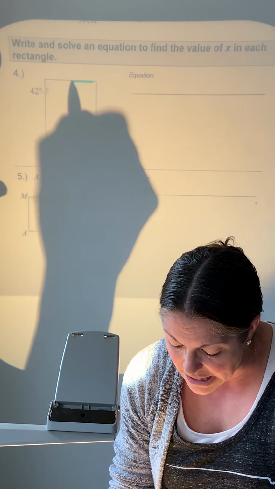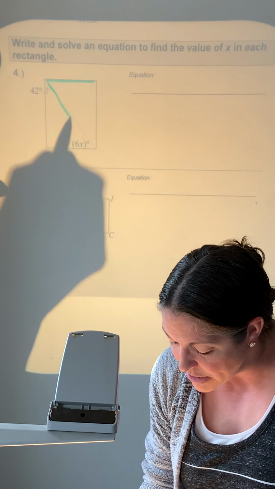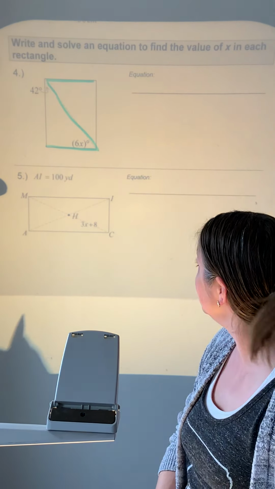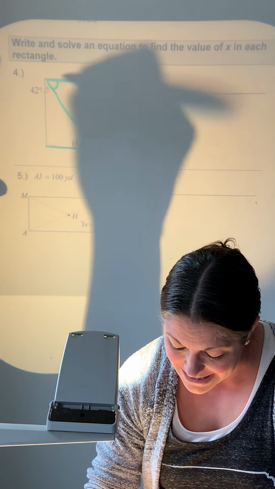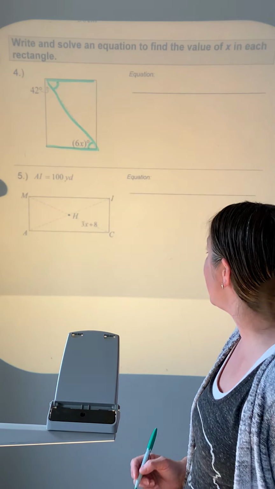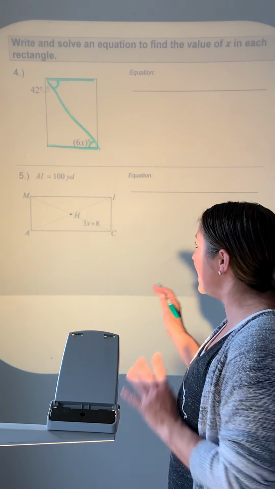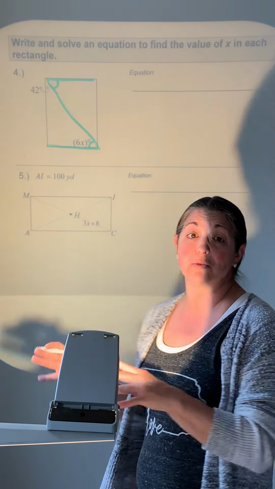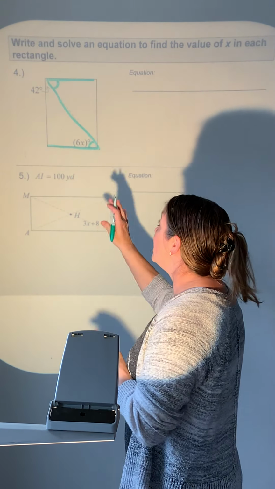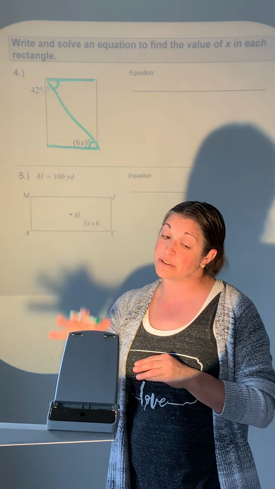Remember how in class we did that little Z trick for alternate interiors? That means that this guy is congruent to that guy. So the 6x here is not congruent to the 42. These are not alternate interior angles.